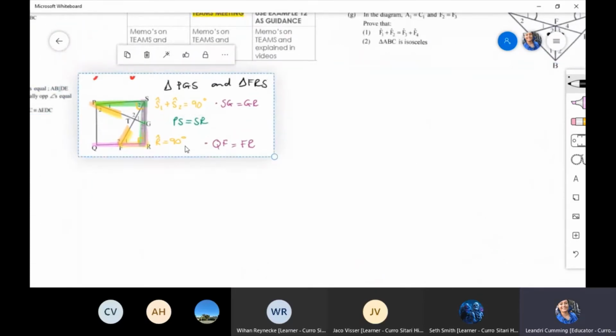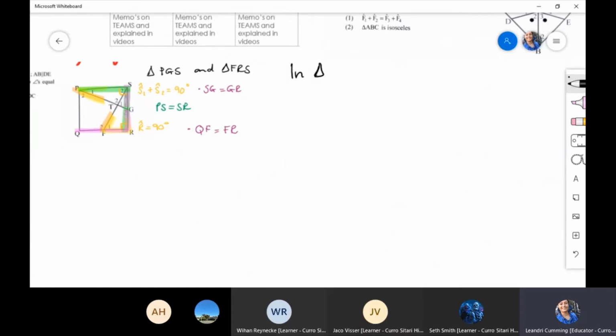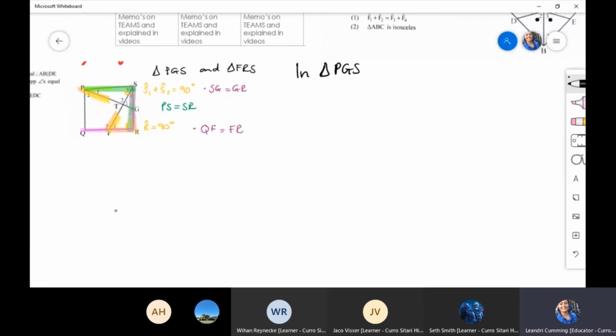Right, let's fire away. So, in triangle PGS and triangle FRS, I'm going to make three statements.